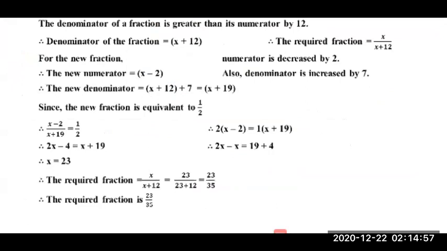Okay. So here the new fraction is x minus 2 upon x plus 19 equal to 1/2. Now the same step which we have done in the first sum, here you have to cross multiply. After cross multiply, 2 into bracket x minus 2 equal to 1 bracket x plus 19.